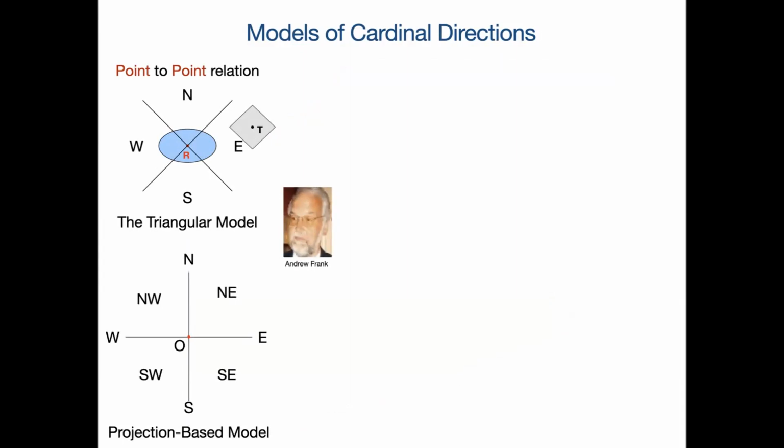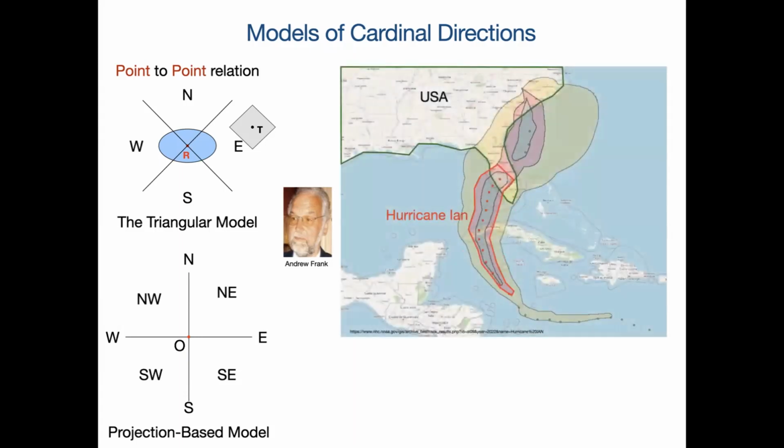And next, the ground-breaking model. It's a projection-based model. It introduced the 9 direction relations to define the point-to-point direction relations. These are the 9 atomic relations we are using, and how is it applied to real-world applications?